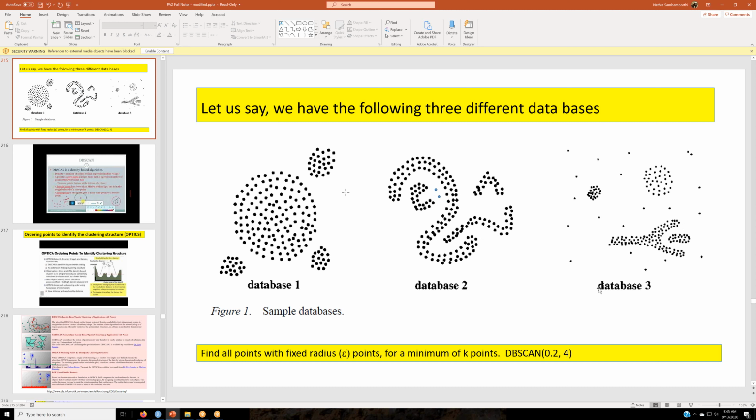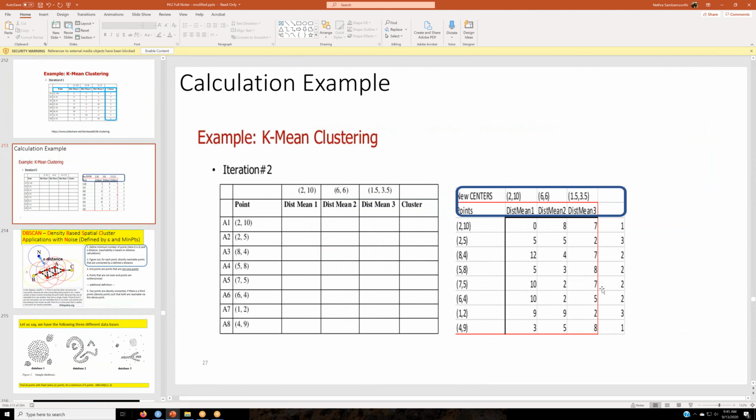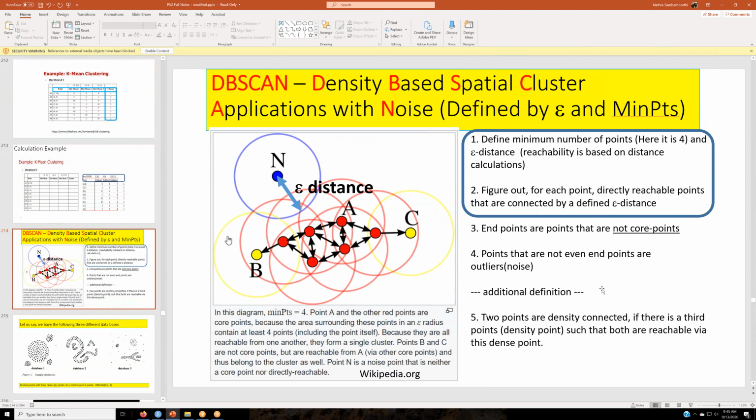So with that, we've completed the instructional part of it. Let's do the example case for DBScan as well as hierarchical clustering. We did the hierarchical clustering already. I showed you the example with 6 points and then 8 points.